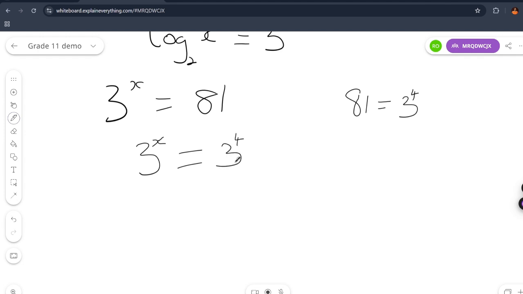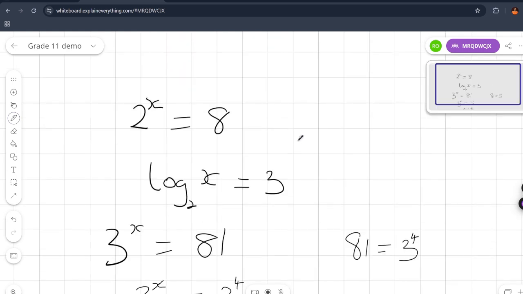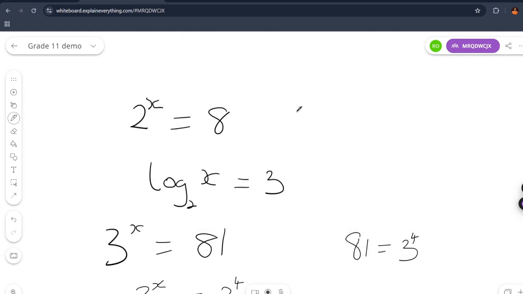Since they have the same base, we equate the exponents, so x equals 4. Now look at the other example: we can write 8 in base 2. So 2 raised to the power x equals 2 raised to the power 3, because 2 times 2 is 4, 4 times 2 is 8. So for this one, x equals 3.